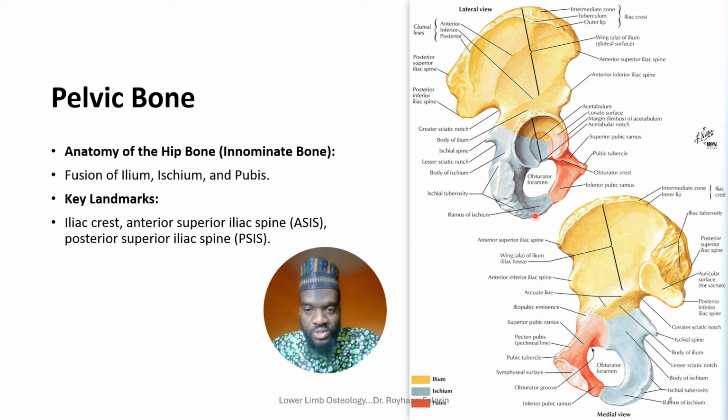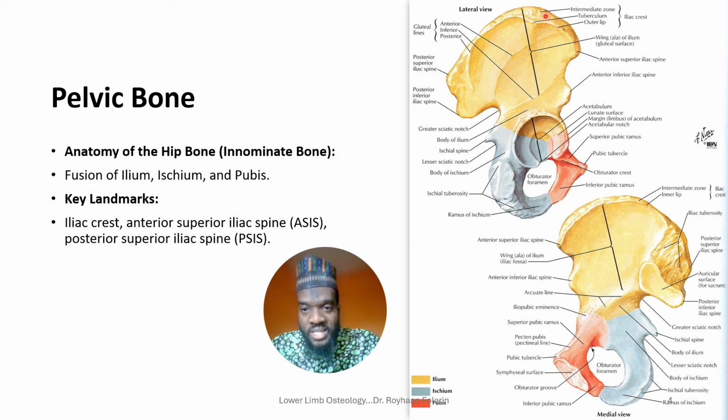This is the posterior part, while this region will be the anterior part of the pelvis. So we're looking at this lateral feature. Appreciating this as anterior and this as posterior, we see on the top here this region known as the iliac crest. And the crest of something is the topmost part of it.